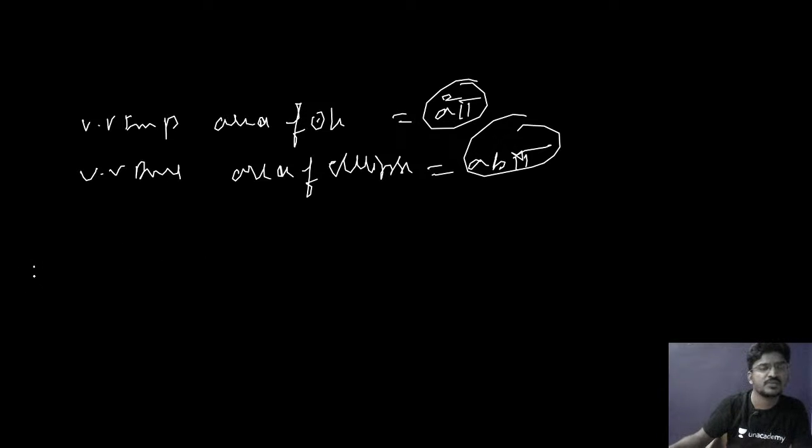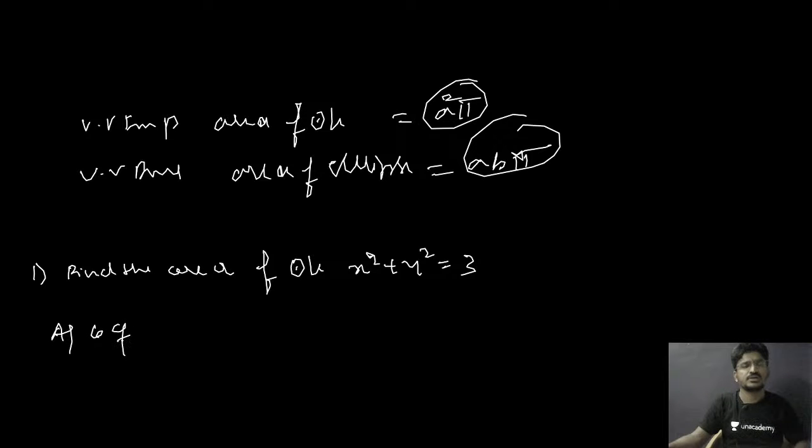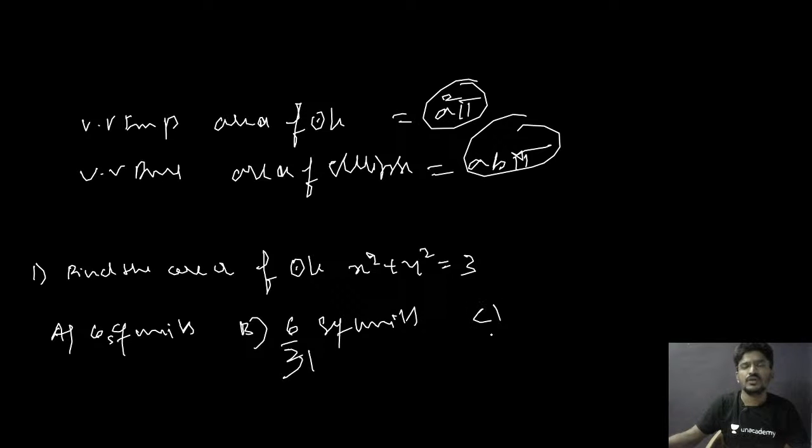For example, in the exam they give: find the area of circle x square plus y square equal to 3. Option A will be 6 square units. Option B will be 6 by 31 square units, option C will be 3 pi square units, and option D will be none of these.